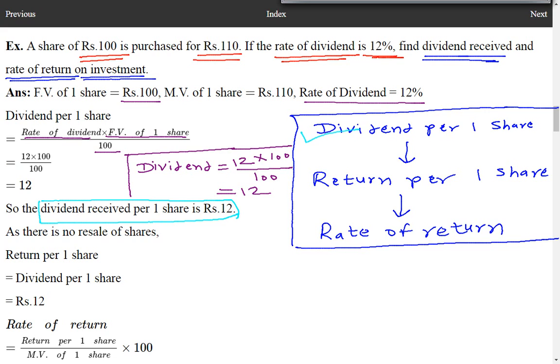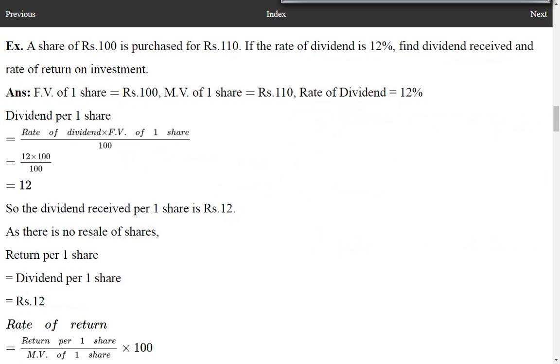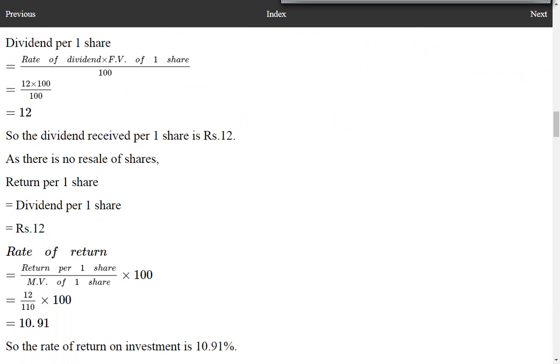Next, there is no resale of shares, so return is equal to dividend. Hence, return per one share is equal to dividend, that is 12. So this completes our second step as well. Then let us find rate of return.